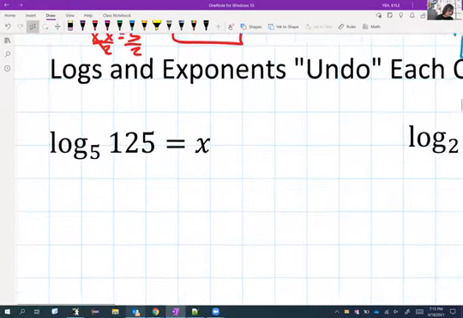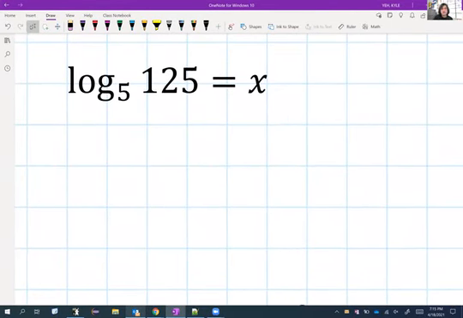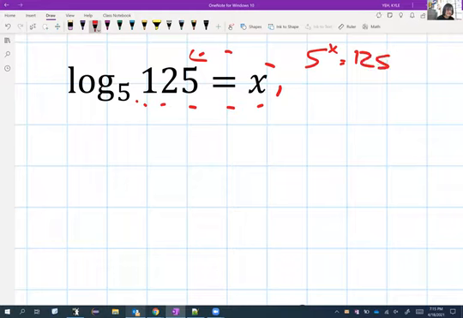I'm going to zoom in on this first problem. And we see that log base 5 of 125 equals x. Now, with the loop, we would just say, okay, so 5 to the x power equals 125. And that works, and that's nice. But what is actually happening?